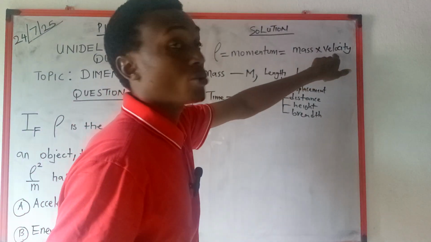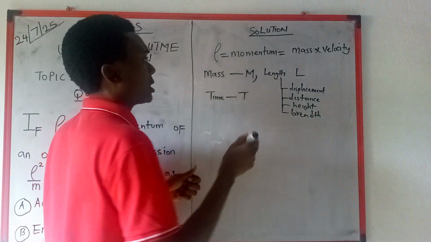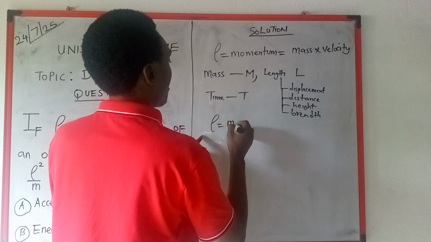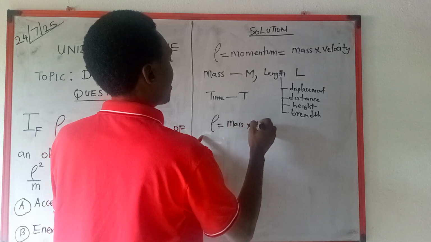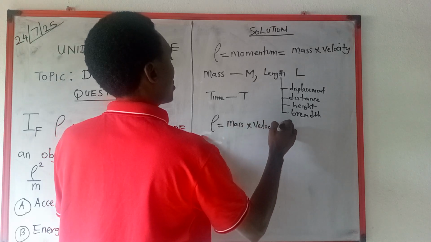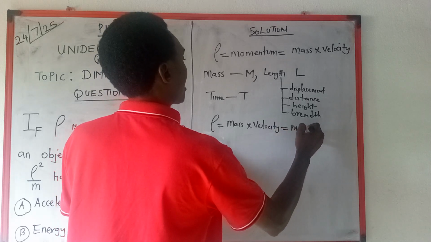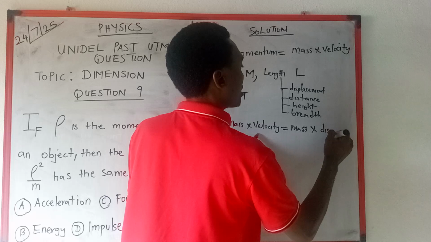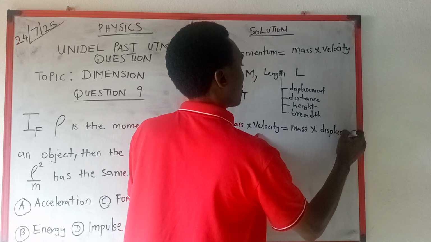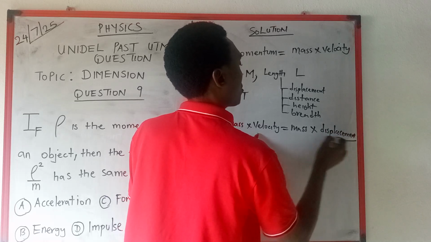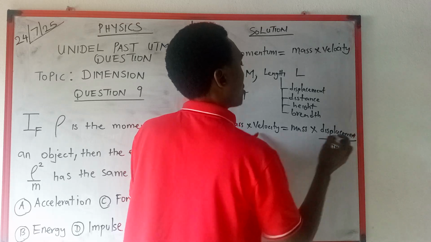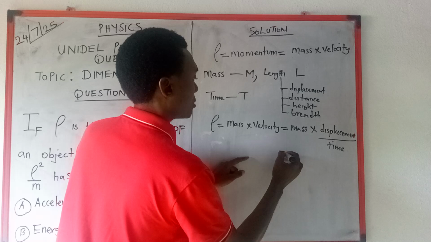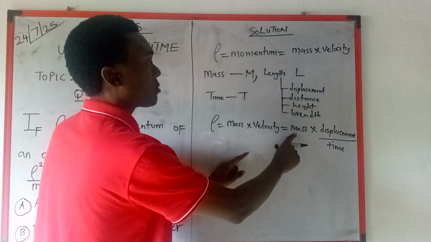This is mass and this is velocity. Now, we all know that momentum is mass times velocity, and velocity is given as displacement over time. So what is the dimension for mass?